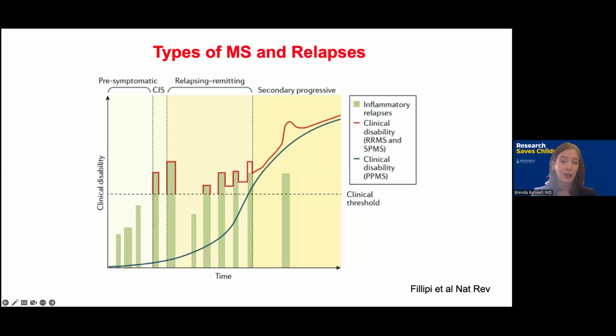But the disease course of multiple sclerosis illustrated here is the preclinical phase where we know new disease. We know that there are lesions forming, but we don't yet know the patient typically. And then you have a first event that brings you to medical attention, and then clinical relapses thereafter.